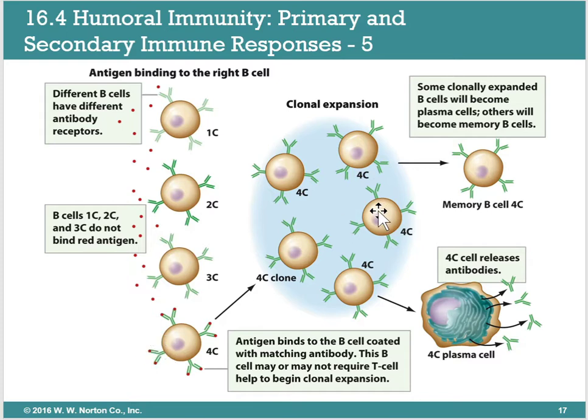I need to make more of me so we can make memory cells, so if we are ever exposed again, I can go in and attack more quickly to protect our host. Some of the clonal expansions will become memory cells, and other ones will become plasma cells, and those plasma cells will make antibodies. That's what I discussed in the previous slide, and that's all I want you to know about clonal expansion.